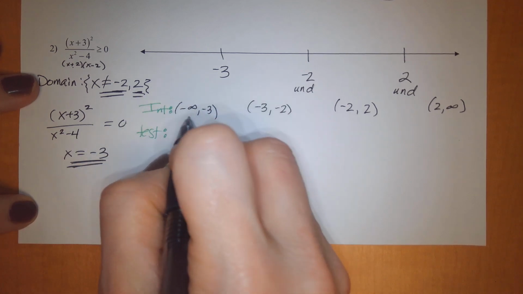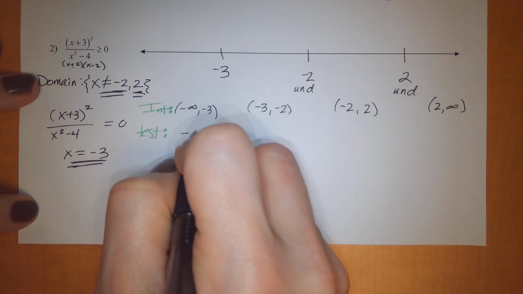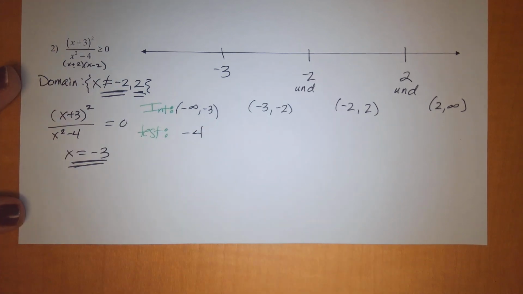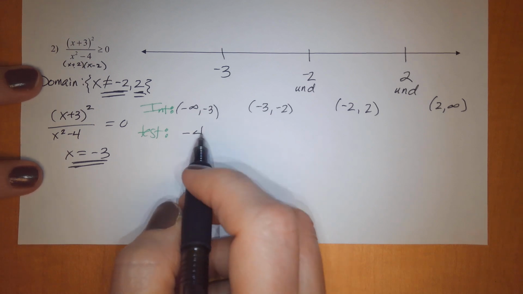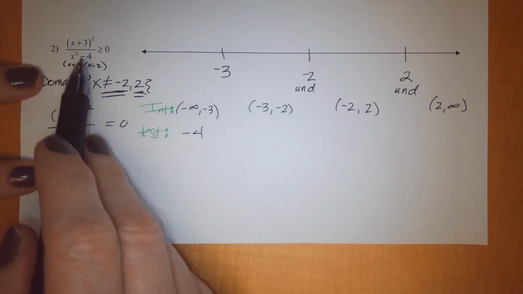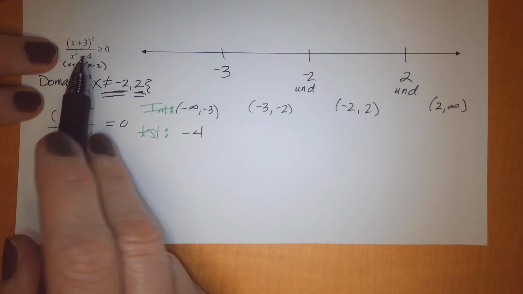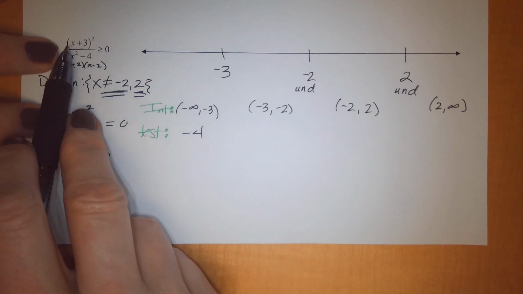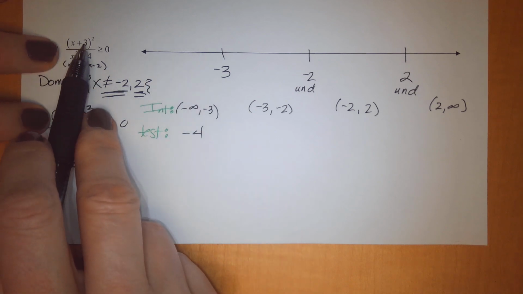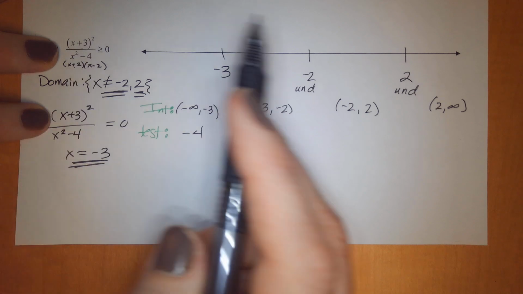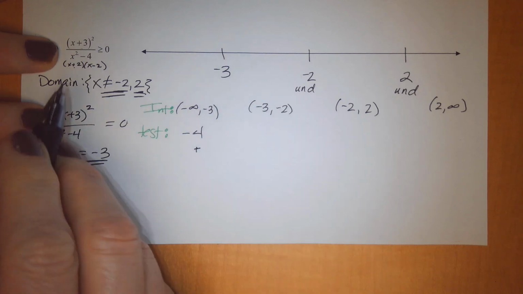Then I'm going to test these particular numbers. Let me test any number in this interval, such as negative 4. When I test the number negative 4, I plug this into the original equation up here, and you can see that negative 4 plus 3 is a negative number, but when I square it, I get a positive.